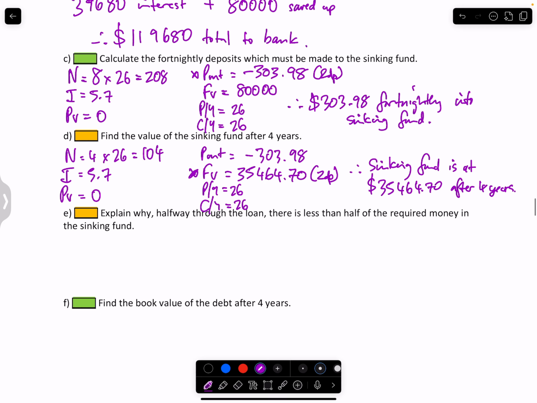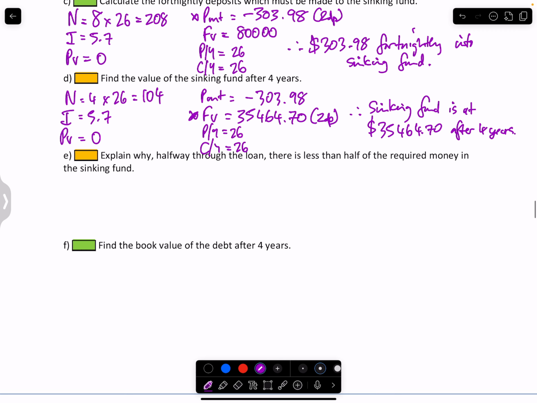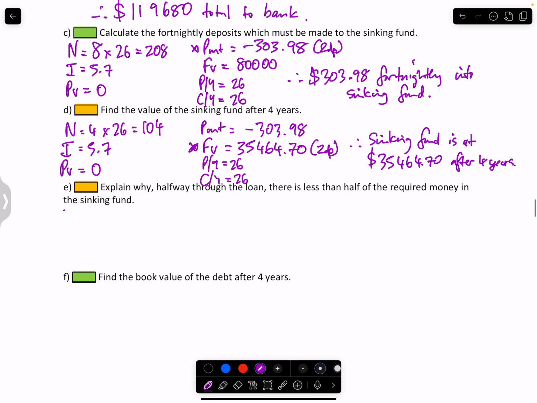Explain why halfway through the loan there is less than half of the required money in the sinking fund. Well, because the sinking fund is compounding interest.